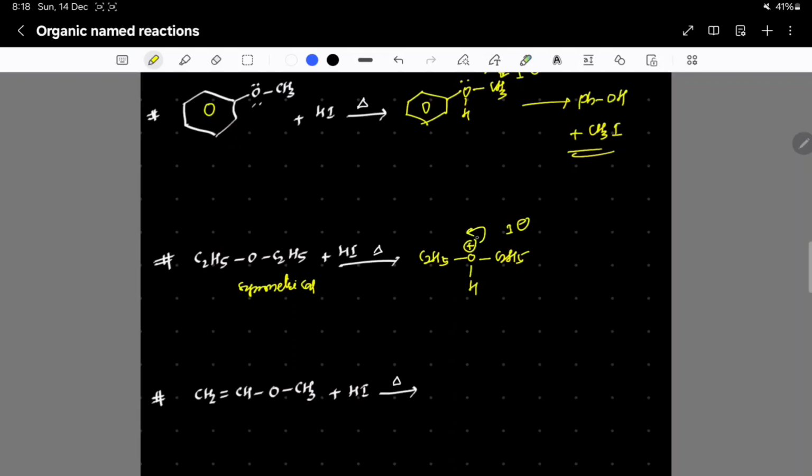If this bond is cleaved, I minus will attack and ethyl iodide is the possible product. If the other side breaks, then I minus will attack that side. Either way, you are getting ethyl alcohol and ethyl iodide: C2H5I plus C2H5OH is the possible product.